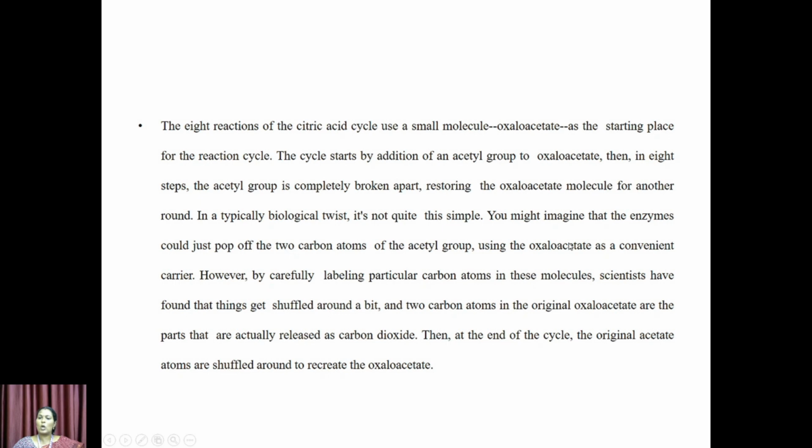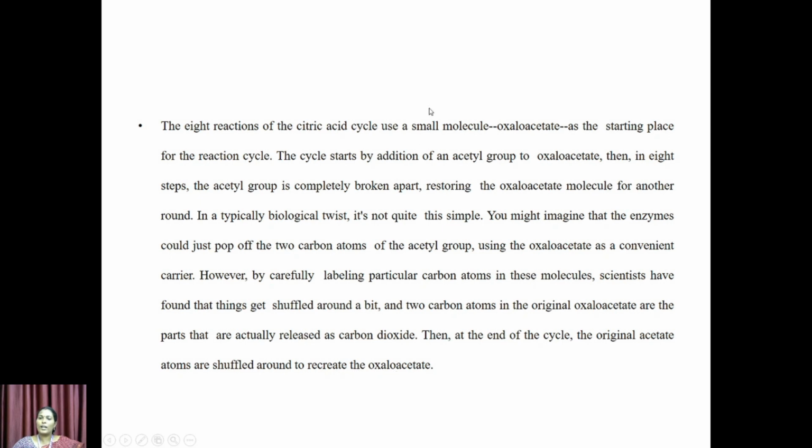However, by carefully labeling particular carbon atoms in these molecules, scientists have found that things get shuffled around a bit. 2 carbon atoms from the original oxaloacetate are actually released as carbon dioxide. Then at the end of the cycle, the original acetate atoms are shuffled around to recreate the oxaloacetate.